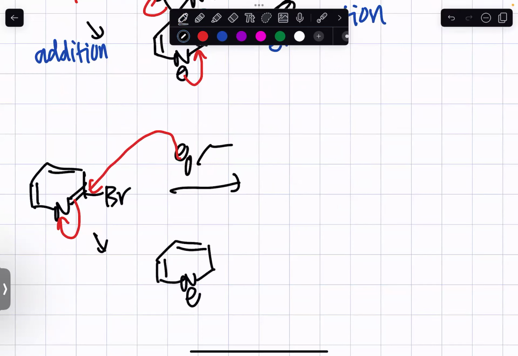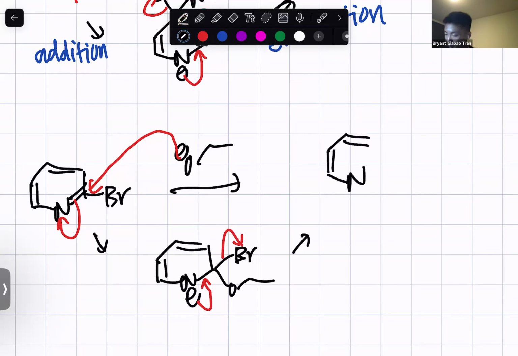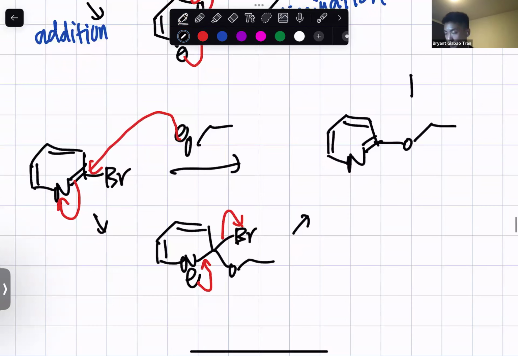That's what we want, because that is stable enough for this reaction to go through. After the addition step, we do the elimination step. We go back to make the double bond, restore the aromaticity, and then kick out that good leaving group to get this structure, where we have that new nucleophile. Does that make sense so far? The Br just got kicked out right there.